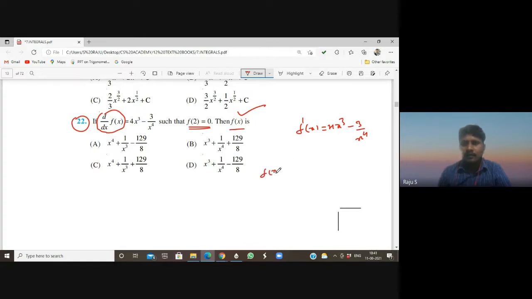F of x is equal to the integral of f dash of x, or you can write d by dx of f of x, your wish. Look, the derivative and integral always get cancelled. But what is d by dx of f of x they have given? 4x cube minus 3 by x power 4.